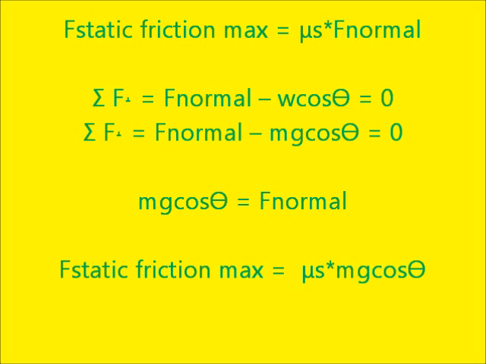Rearranging this, we can write mg cos theta is equal to F normal. Now if you take the equation at the top of the screen and sub it in to this one, we can write the static friction maximum force is equal to mu sub s times mg cos theta.